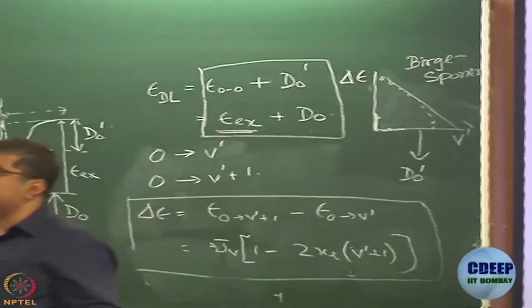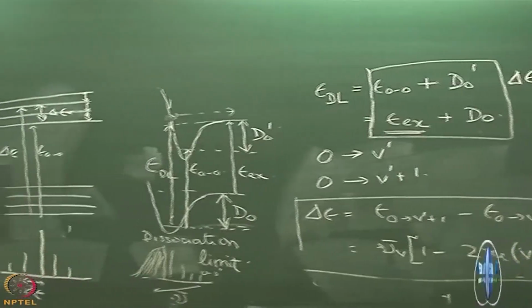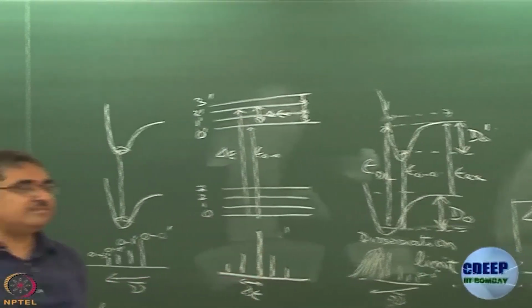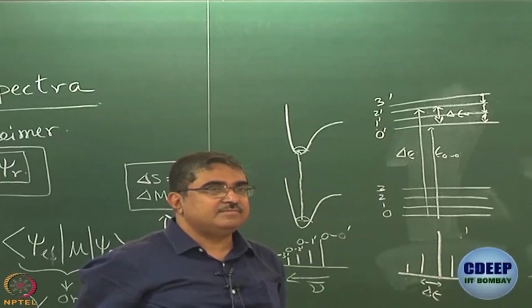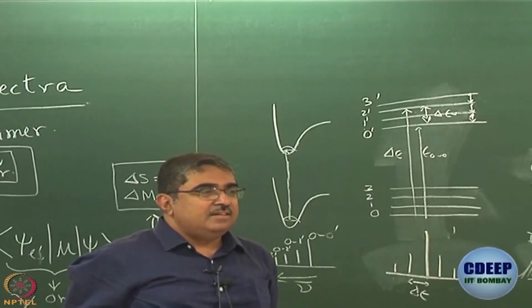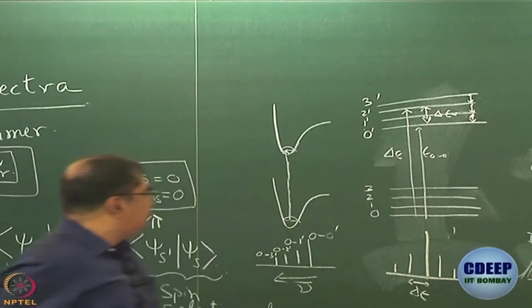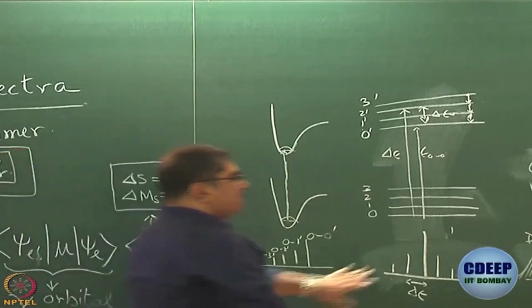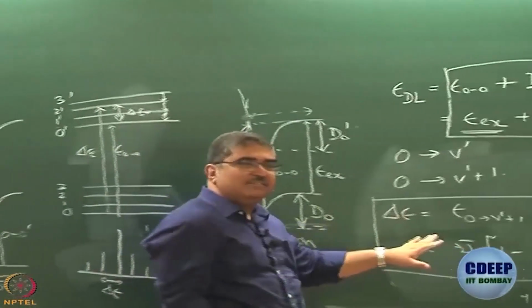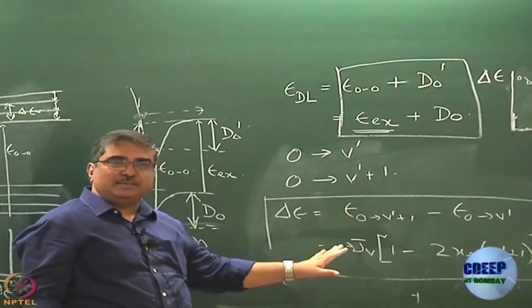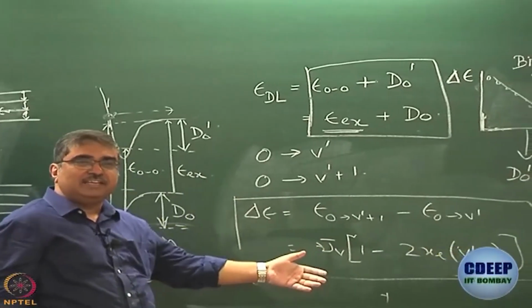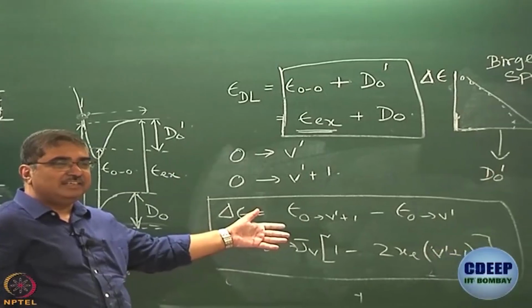Why do you think there is a downward deviation? Look at the spectrum, we are plotting delta epsilon versus V dash, right? Straight line is what you expect. If there is a downward deviation, what can cause a downward deviation?